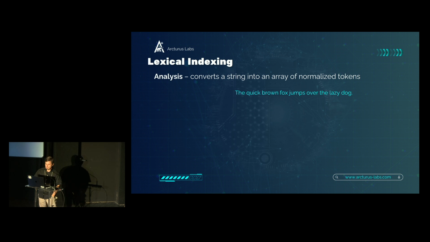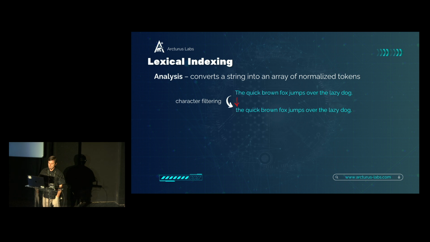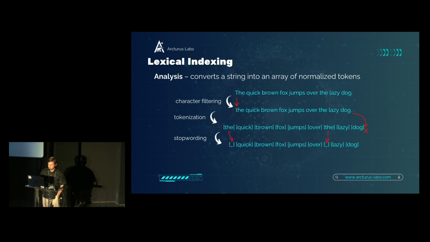If you start out with the canonical search example that everyone uses, the quick brown fox jumps over the lazy dog, then lexical analysis is the way that you can process a sentence into whatever tokens that you want it to be. This is one of the first knobs that you have on tuning your own relevance. Character filtering removes diacritics, lower cases, everything. Tokenization splits on white space and punctuation, or whatever you want.